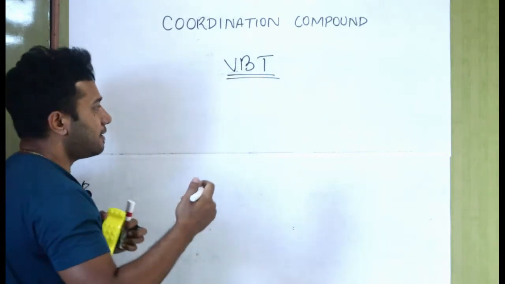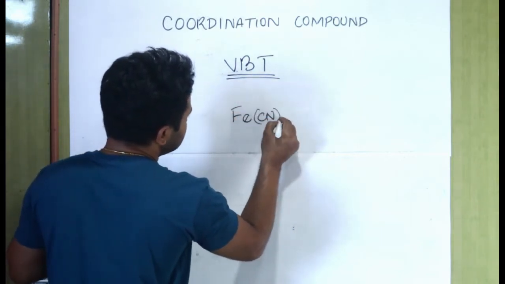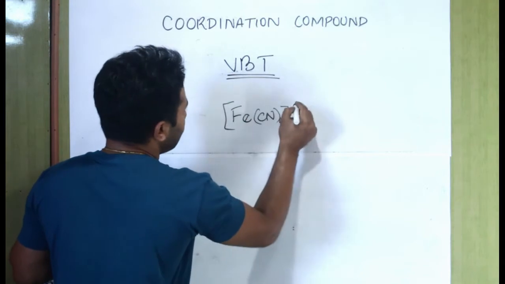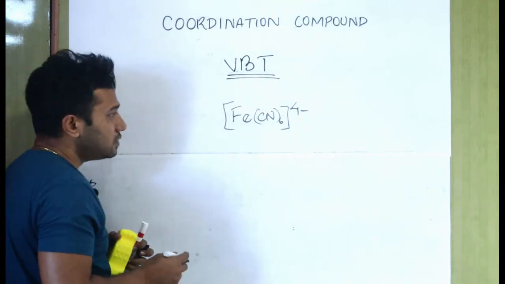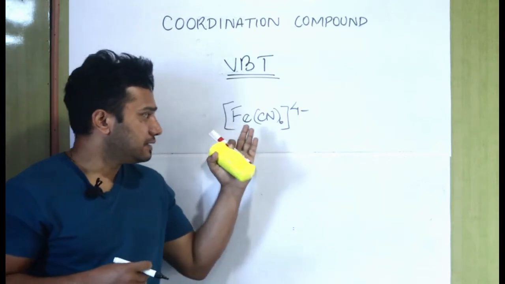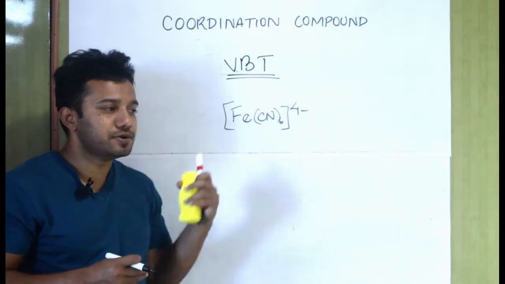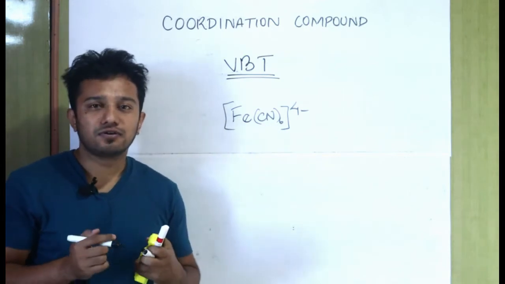So let's say we have [Fe(CN)6]4-. Using valence bond theory, we are going to find the hybridization, magnetic properties, and geometry of this coordination compound.